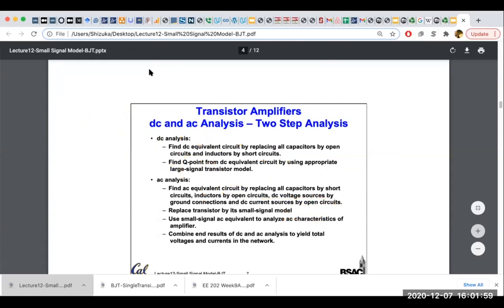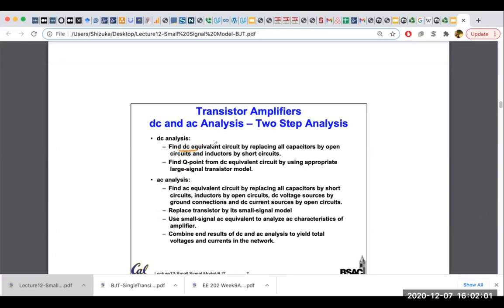So for DC analysis, you just find the DC voltages, okay? And at DC, the caps are open. Inductors, if there are any, they are short, right? Because DC means omega 0. So the inductors are short, the capacitances are open.